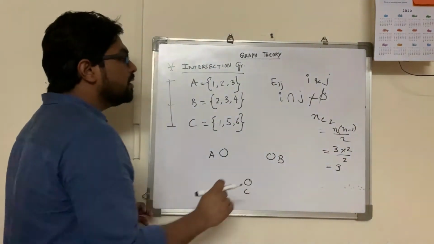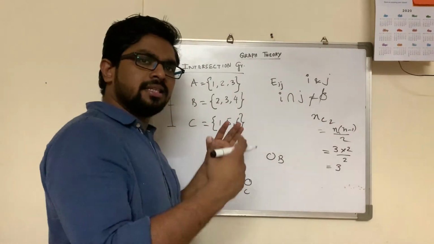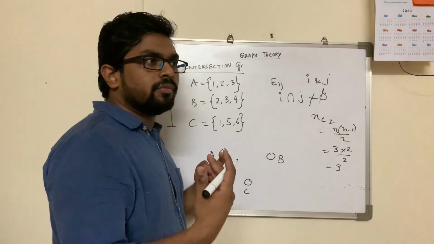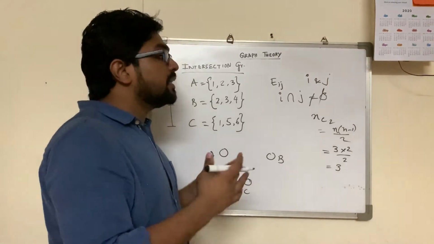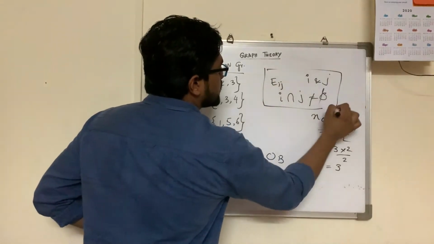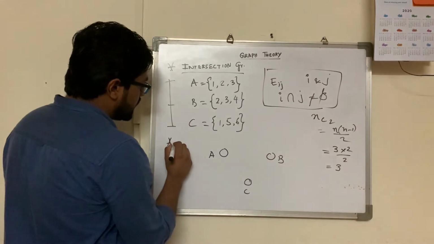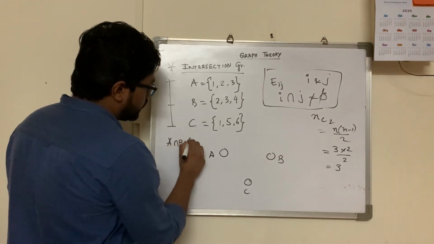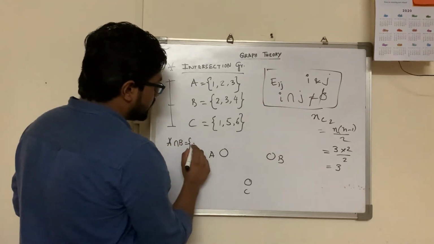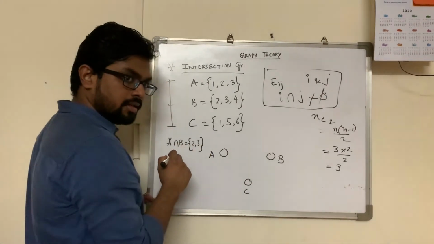So basically there can be three combinations: A and B, B and C, C and A. And for those combinations, I have to find the intersection. That is what this definition is asking me to do. Let's see. A intersection B, the result is 2, 3, correct?